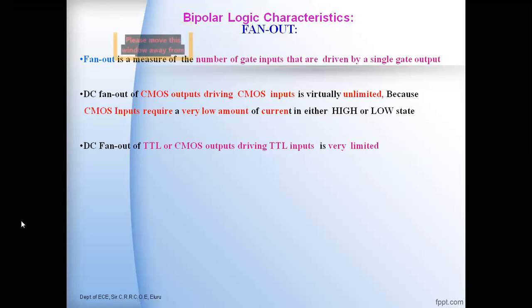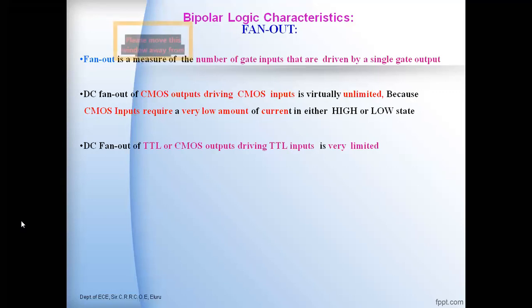This is because TTL inputs draw a significant amount of current in the high state and low state, especially in the low state. Because of that, the fan out is reduced when a TTL output drives TTL inputs, or CMOS outputs drive TTL inputs.